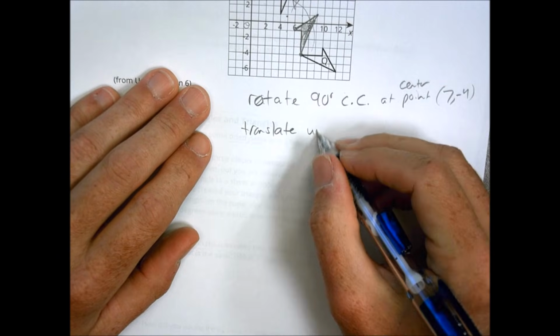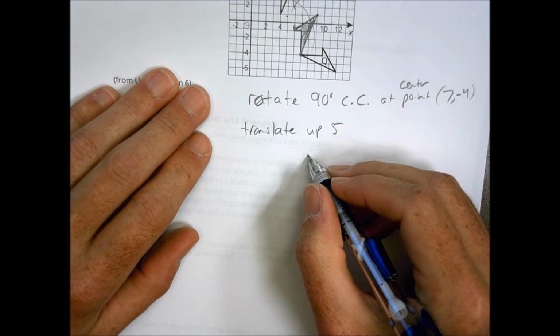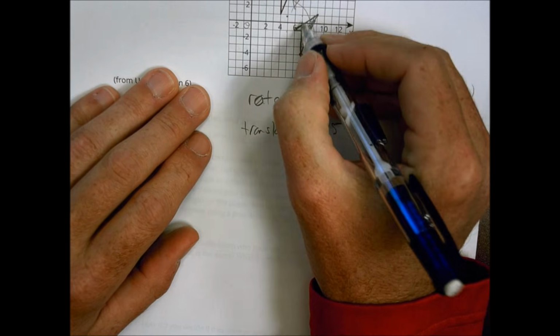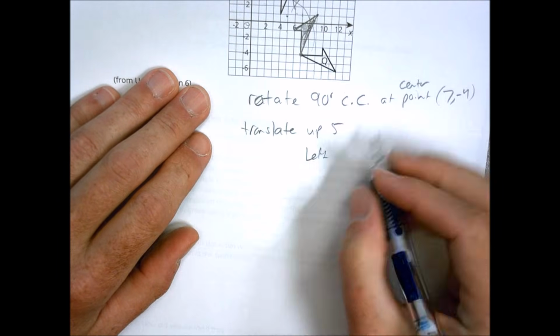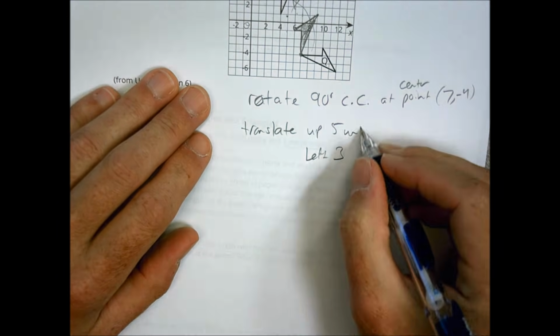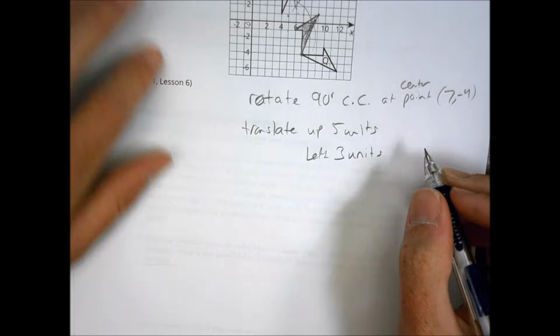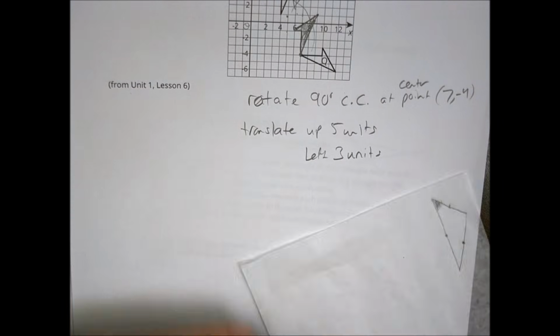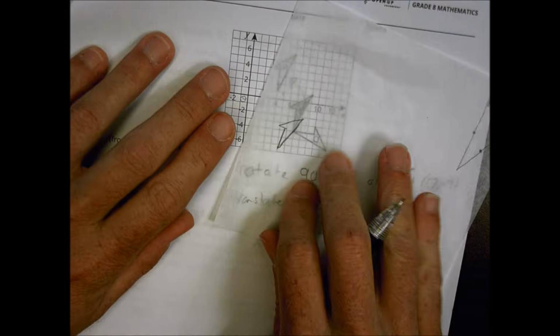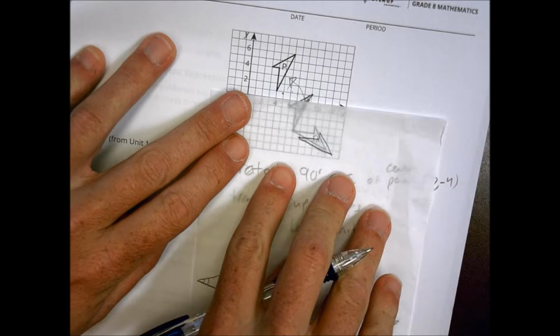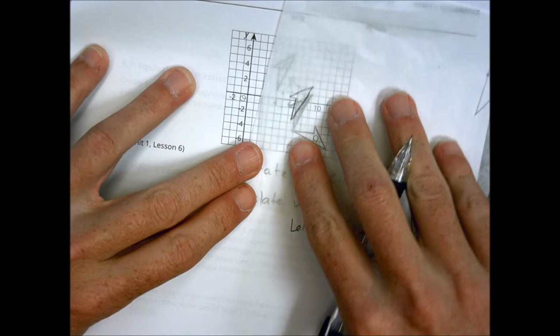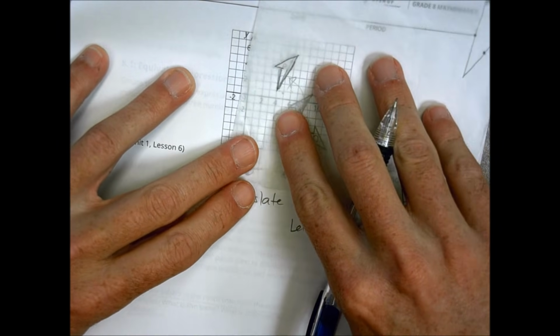Translate up 5, and we're going to translate left, since we end up being here, 1, 2, 3. So translate up 5 units and translate left 3 units in order to get that in the right place, so we land right on top of that. So we started here, rotate 90, translate up, and then slide to the left. Okay, and that's how you get that.